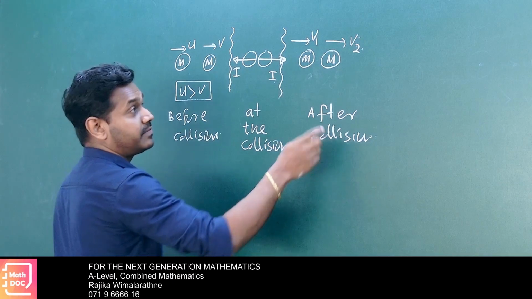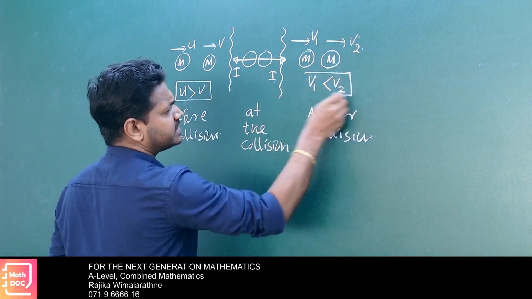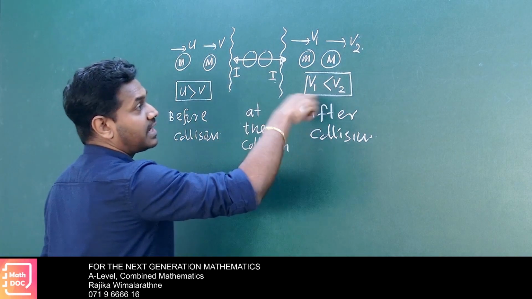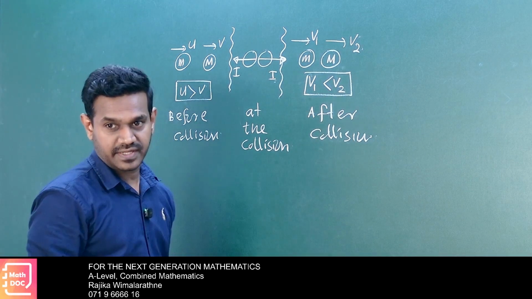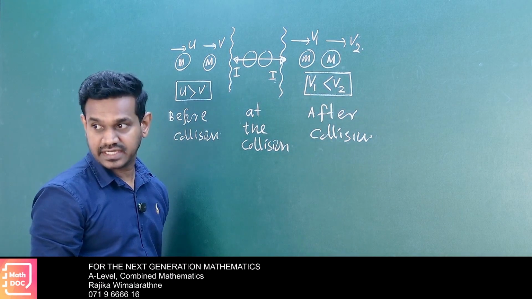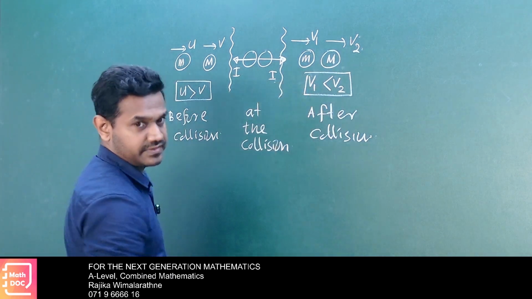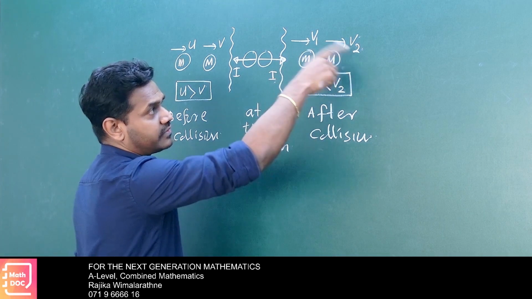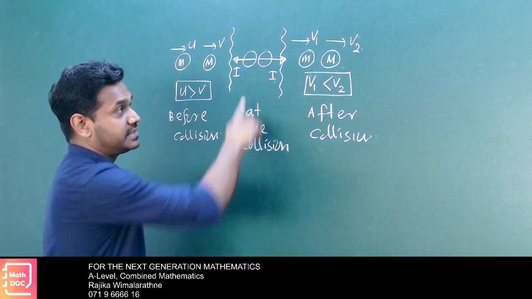So after collision you remember the V2 value is greater than the V1 value. Previously the small m velocity was greater than the capital M velocity, but after collision the capital M velocity is greater than the small m velocity. That means the relative velocity direction has changed. Here relative velocity is u minus v, here relative velocity is v2 minus v1. Therefore, definitely the front object's velocity will be greater than the other one.